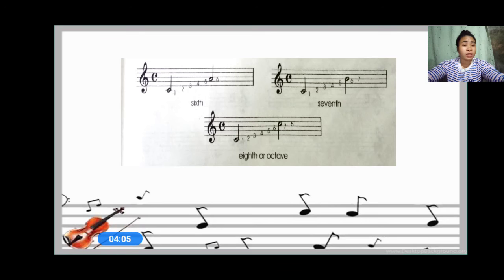So those are the melodic intervals: the second, third, fourth, fifth, sixth, seventh, and eighth, or the octave melodic interval. Again, melodic interval is when the notes are sounded one after the other.